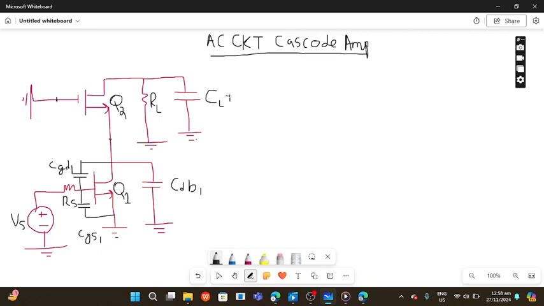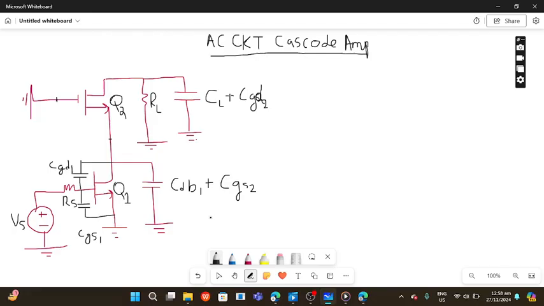It was CGS2, and it is CDB1 plus CGS2. I know I've made a mistake here. It is CGD2. So now this is your cascoded amplifier.